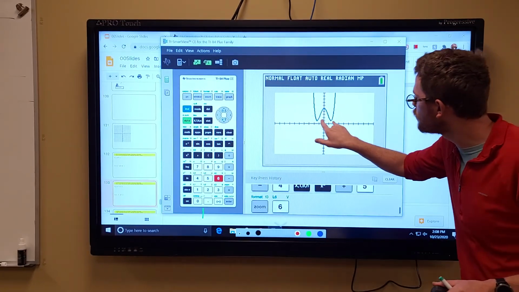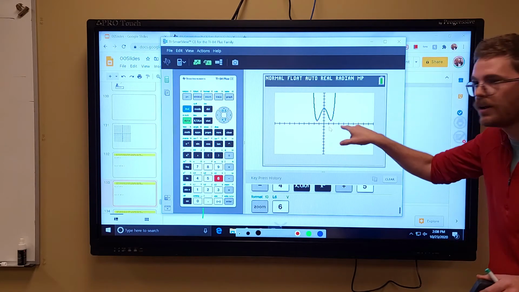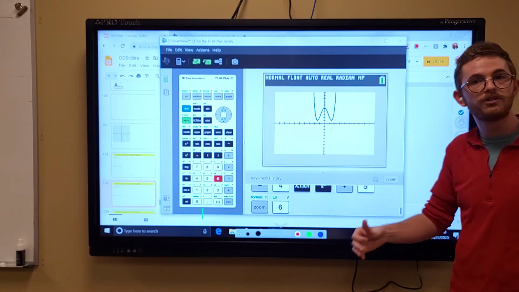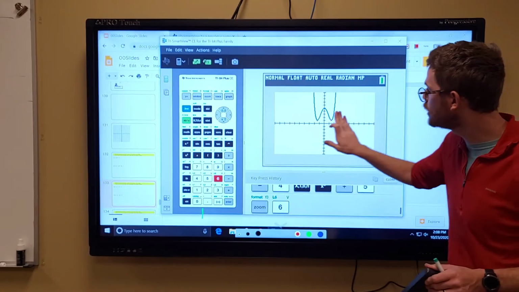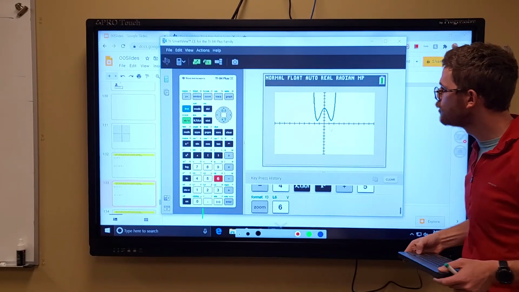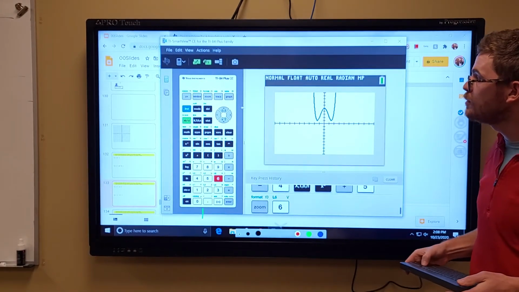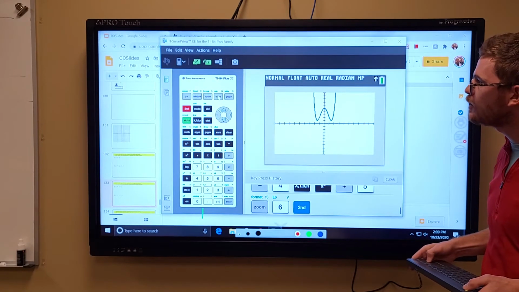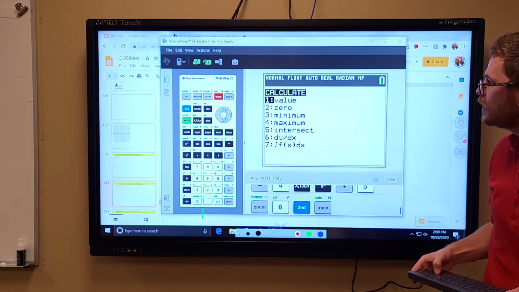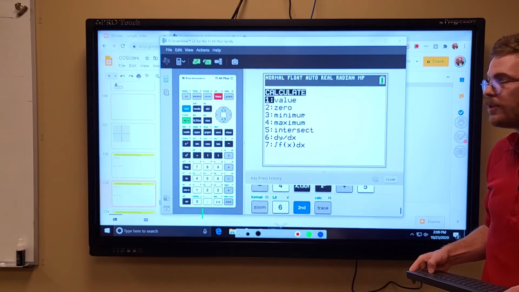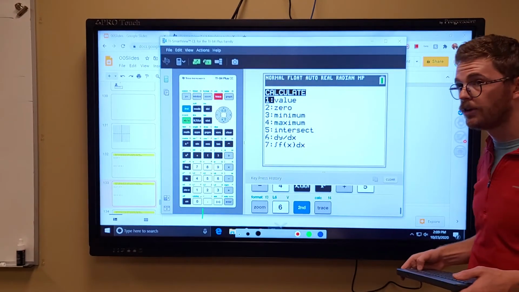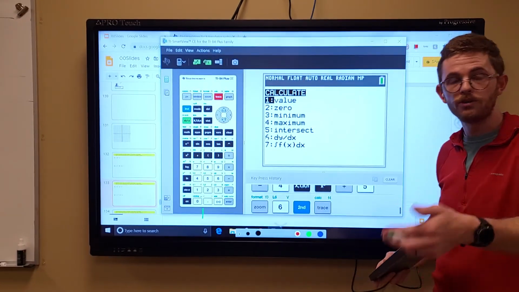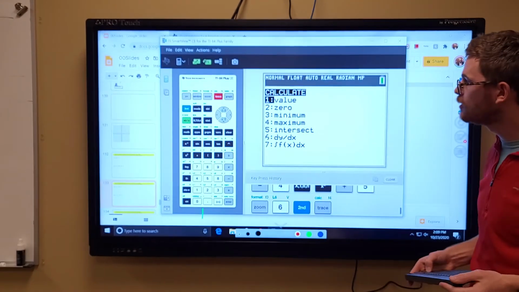So in order to confirm that these 2 points are the same 2 points that we found algebraically, let's find those. Those are relative extrema, and we can calculate them. Go to second trace, and we can calculate the minimum. Those are minimums, remember? Or at least, that's what we noticed.